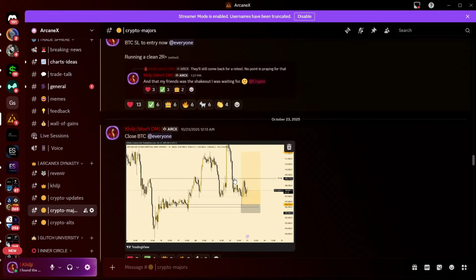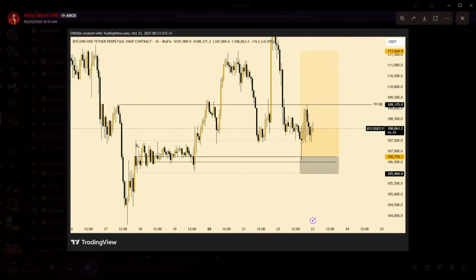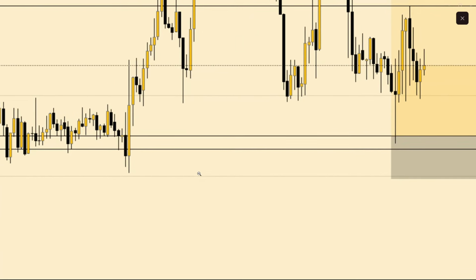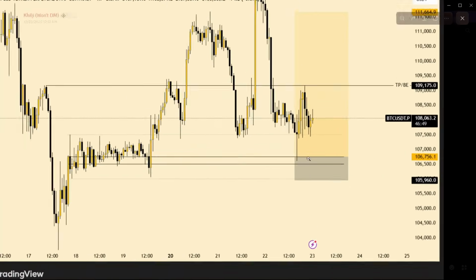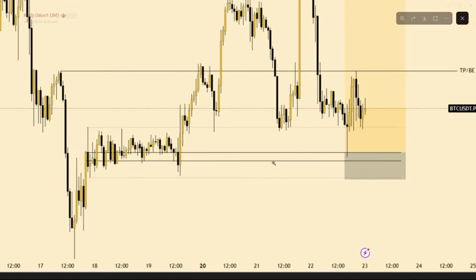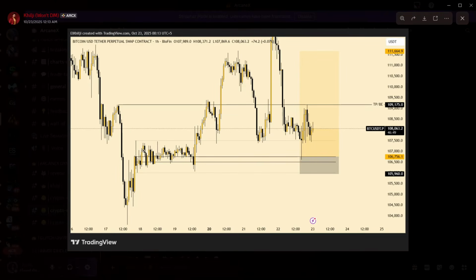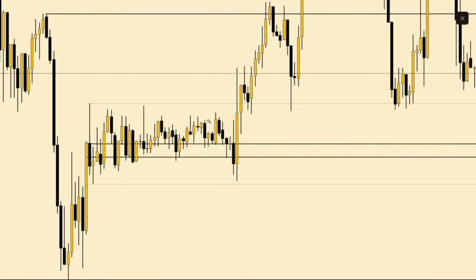Moving further. Yeah, so this was a pretty sick trade. You guys hopefully remember it. The whole thing was, you see the snipe over here? The whole point was, this was a bigger zone, and what we did before breaking it out was that we had these lows, right?